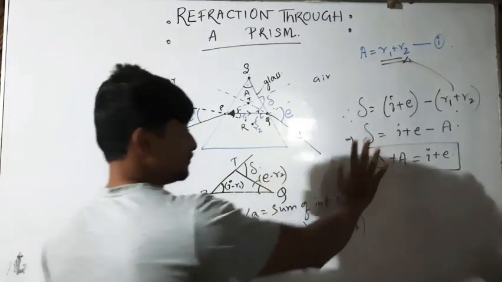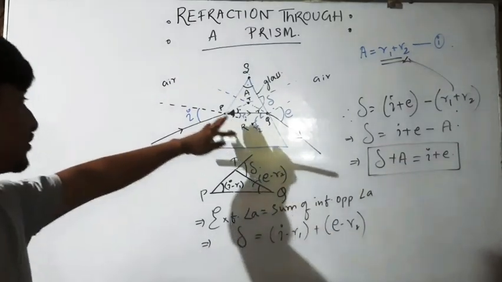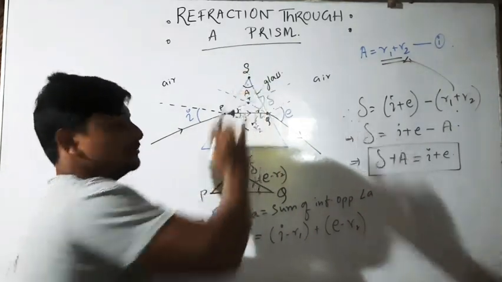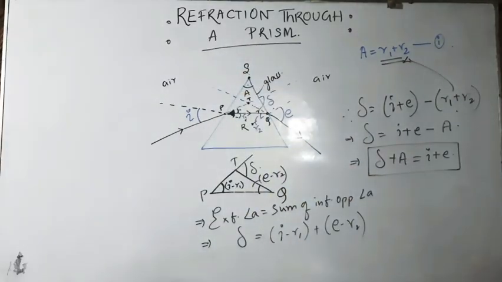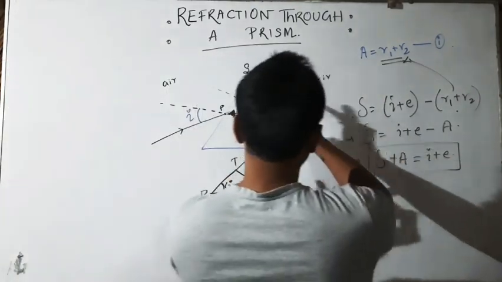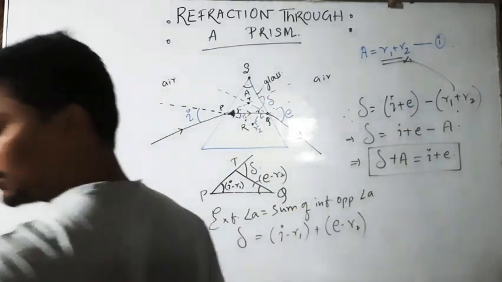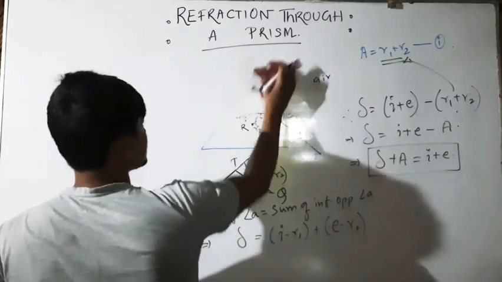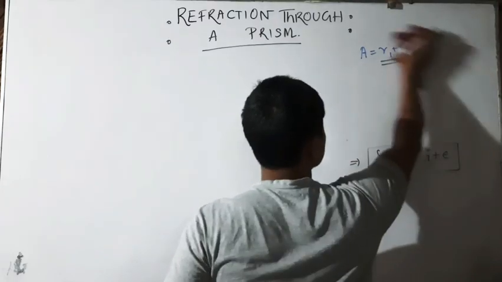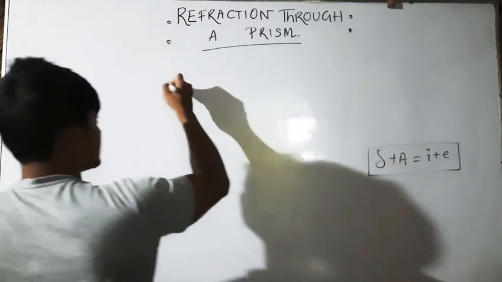So from this part, we will now obtain on what factors this particular deviation angle, the deviation that is caused by this prism, depends. As we can see from the formula itself, see, this deviation, what does it depend on?